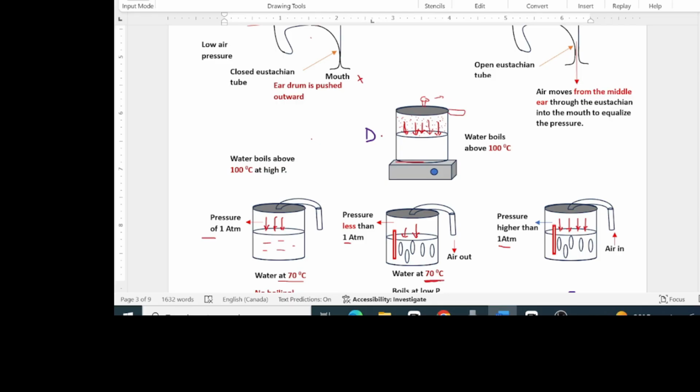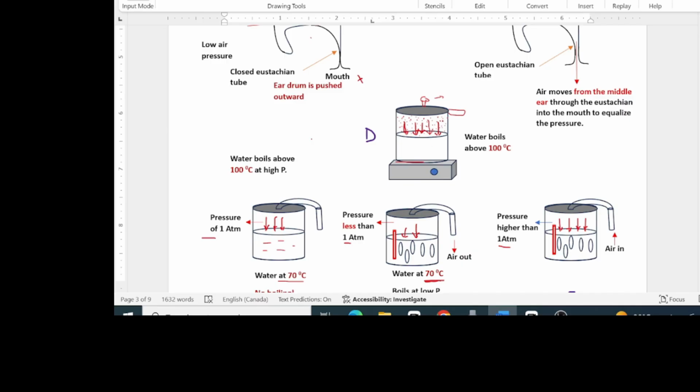Let us assume that this figure D is depicting how a pressure cooker works. So here is your heat source. Here is your water and the content in that pressure cooker. As the water and its content gain energy, what happens is this. Water will vaporize and remain above this liquid here.